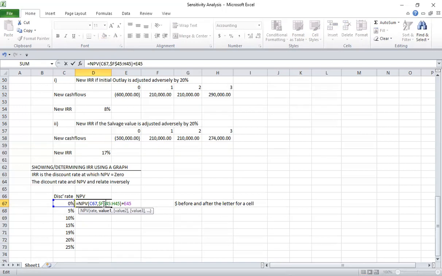So I put $ before F and $ after F. The same thing I do for the next one, H: $ before H and again $ after H. Then the last one also, E45: $ before E and again $ after E.